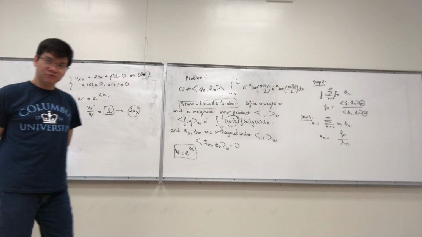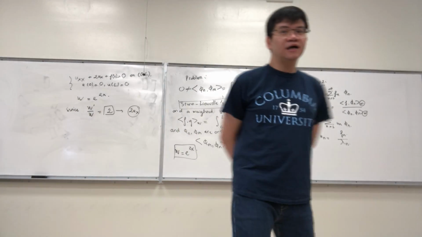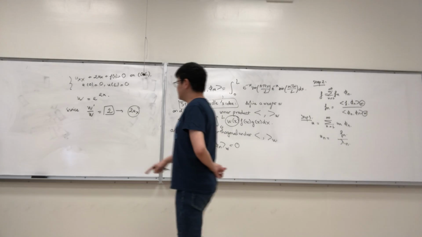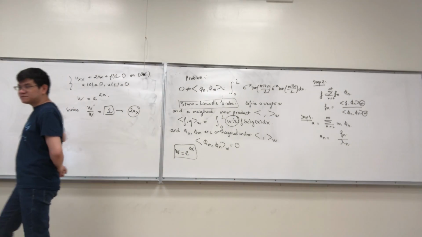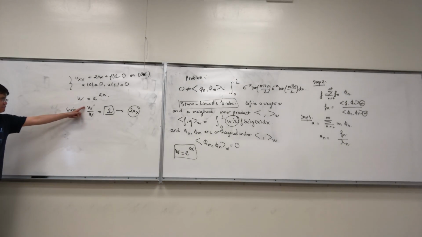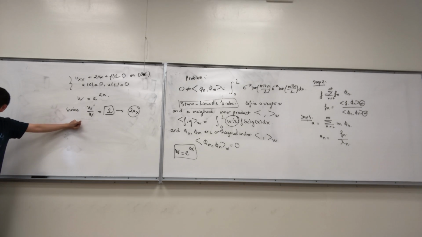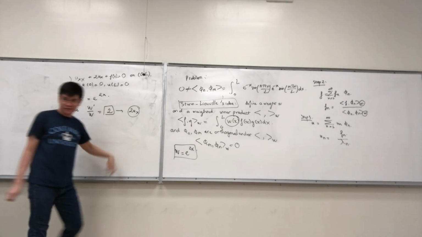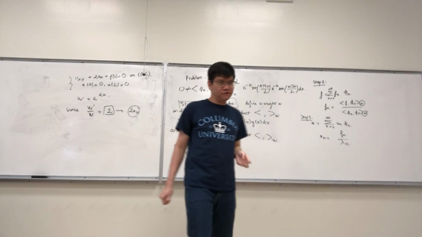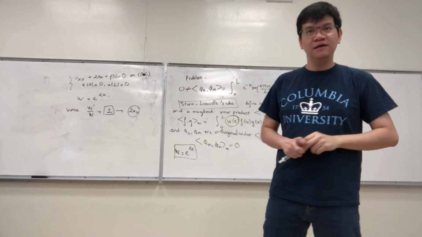In the previous class, we had a hint: W is e to the 2x because W prime over W is 2, in which 2 is the number in front of the first derivative u_x.